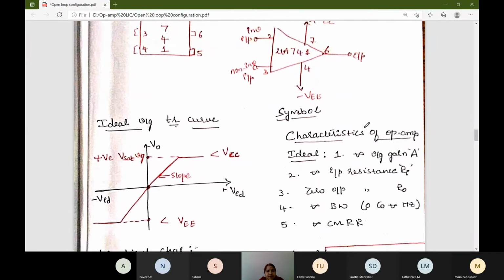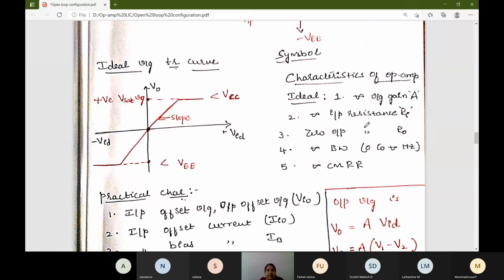Next we had seen the ideal voltage transfer characteristics. This is very important. This I had explained, where we plot output voltage V0 versus input voltage. Very important is below the supply voltage. If you are giving the supply voltage as plus or minus 12 volts, below that voltage there is a linear relationship between input and output.